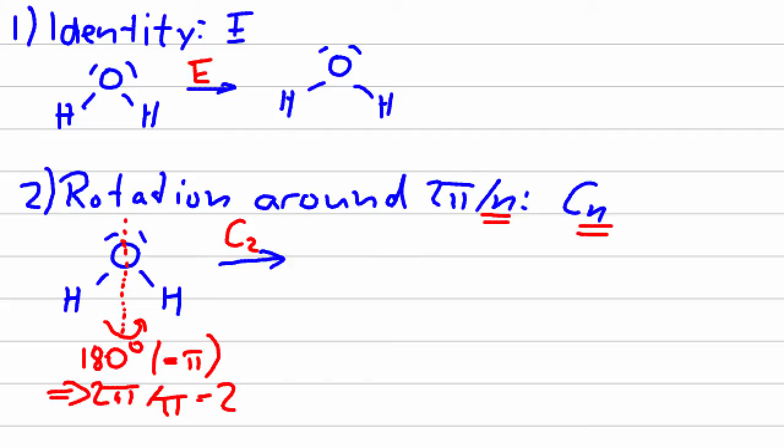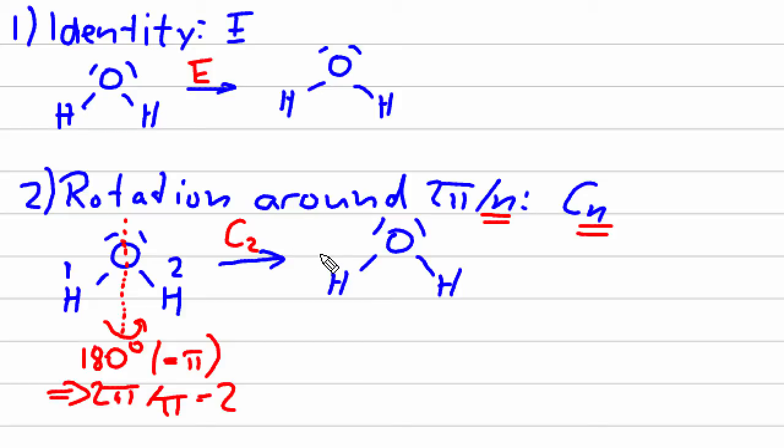And let's see what happens to our molecule. In order to show you what a C2 operation actually does, we give an index here. So let's say this hydrogen atom here is hydrogen atom 1, and this hydrogen atom here is hydrogen number 2. Let's draw again our water molecule, and now let's see what happens to these indices.